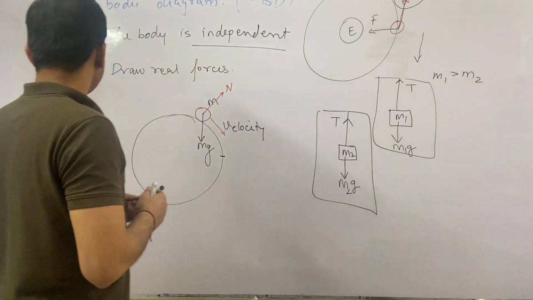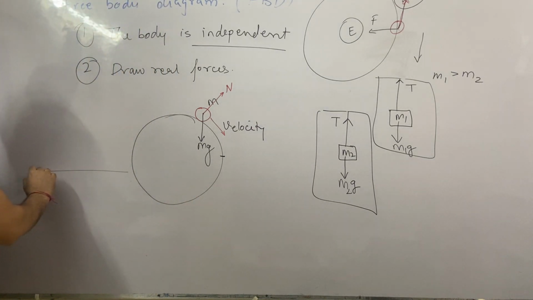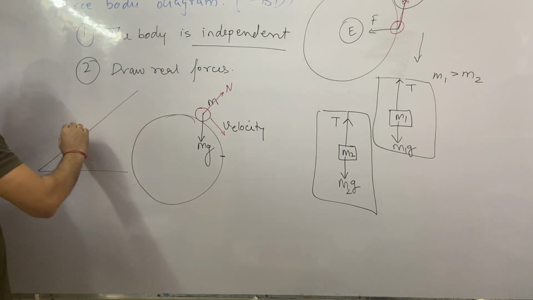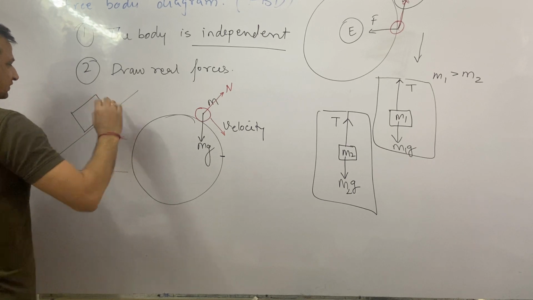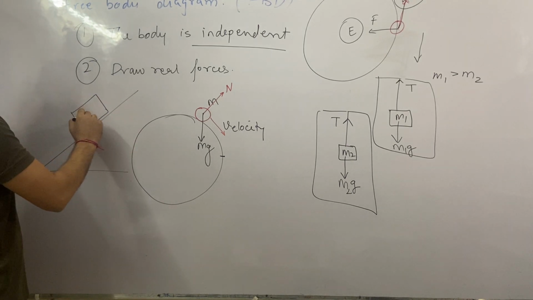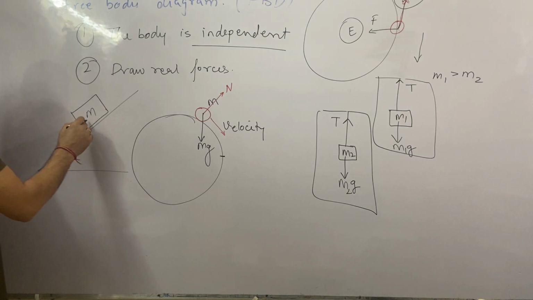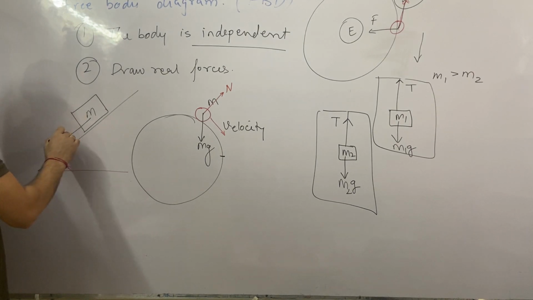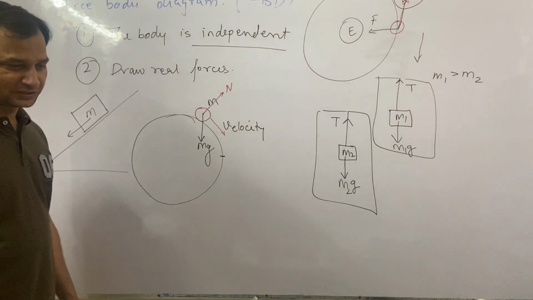Let's draw another diagram for an object moving down the slope. So this is the slope, and on this slope we have drawn a mass m. This mass is moving down this slope, and there are two possible conditions.